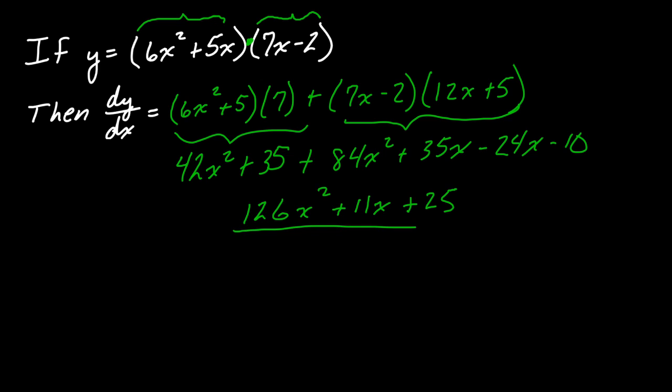All right, so that would end up being your derivative. Now, once again, remember what we are calculating. Always remember what your derivative represents. This is simply telling us what the slope of any tangent line on this curve is going to be at a particular x value. That's all this means.